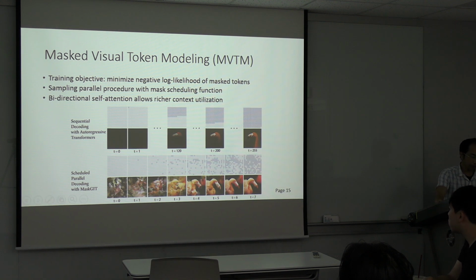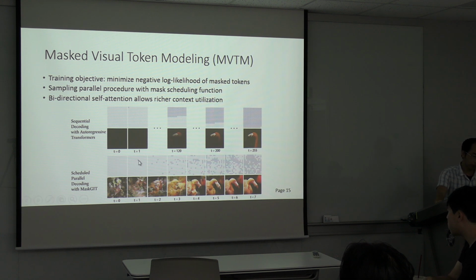But in this paper, the Mask model, because we use a bidirectional transformer, can predict any position simultaneously. We don't need to wait for some output to predict the other. So in the first step, we also mask out everything. We didn't have anything here.